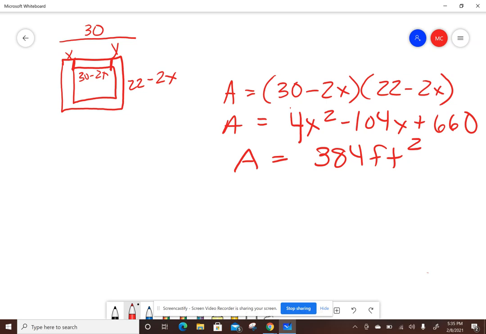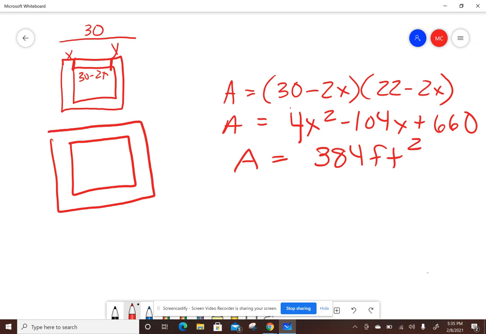Okay, so again, just to make sure you get this part, we'll do this again. So from here to here, it's x. From here to here, it's x. The whole thing, though, is 30. So this part of it would be 30 minus this x and minus this x, so minus 2x.